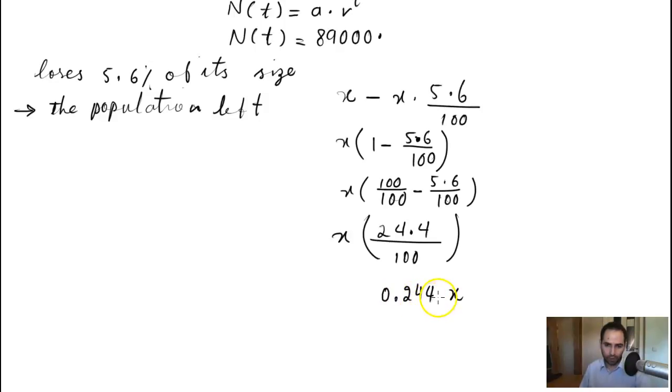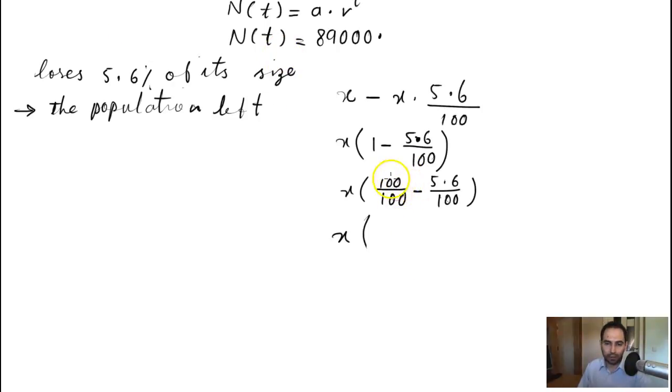Let me see, is it right? So x minus x times 5.6%, and 1 minus 5.6%. No, I've made a mistake here, I'm sorry. This is not right.